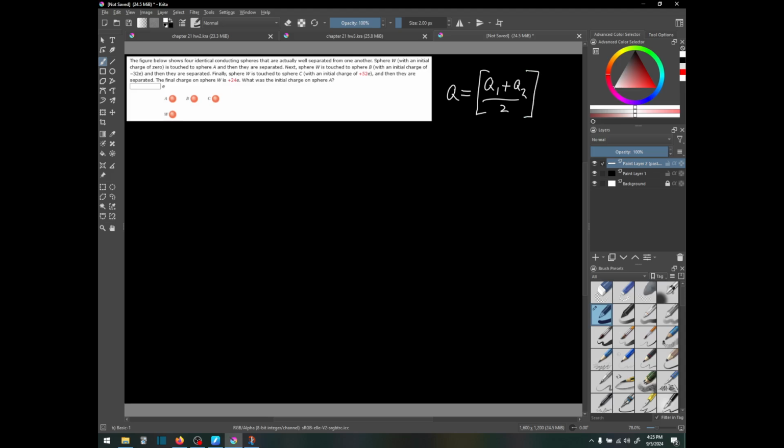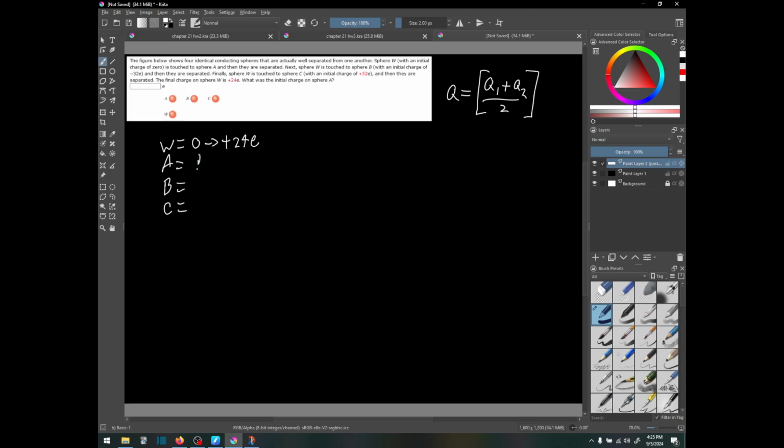So, very simple. And we are given W, and then we've got A, B, and C. We know that W starts out with 0, but it ends with a charge of plus 24E. A, we don't know.